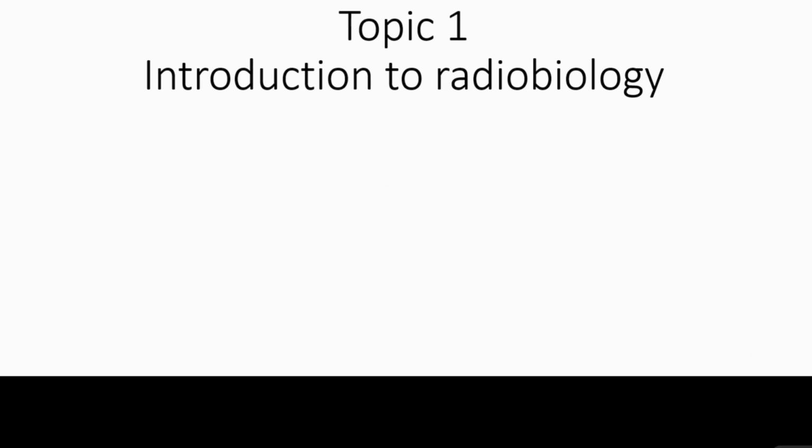All right, so this is topic one. So what will be covered? This is topic one, introduction to radiobiology. But what are the other topics? The first one is introduction to radiobiology. Second, cell survival curves. Third, radiation chemistry. Fourth, dose, time, and fractionation. This is in regard to radiation therapy.